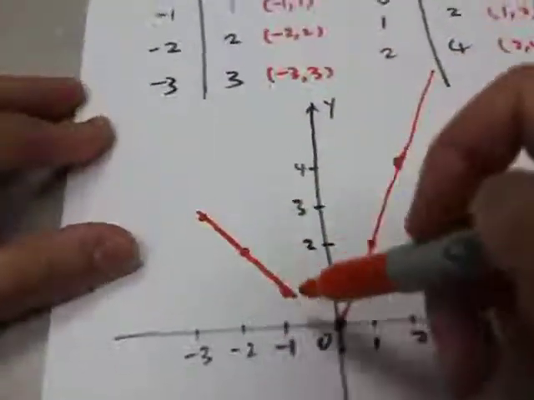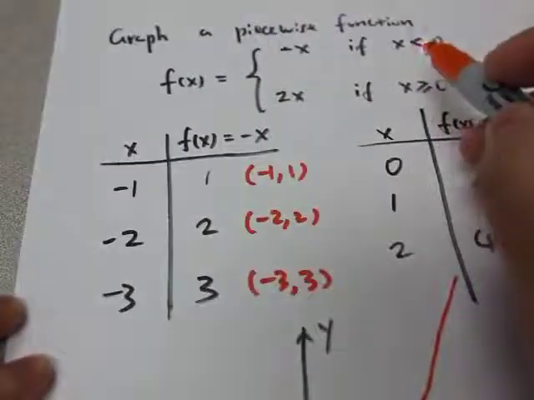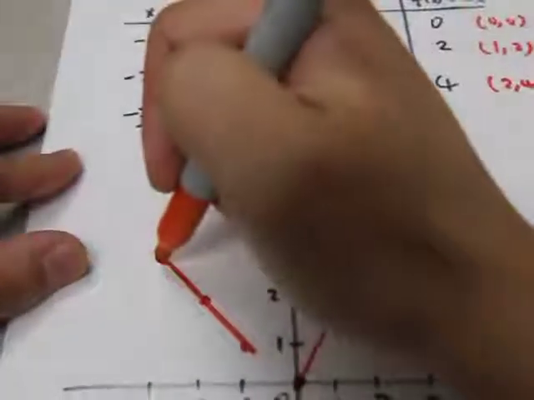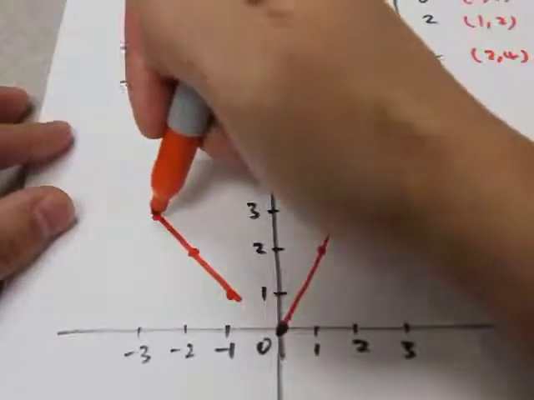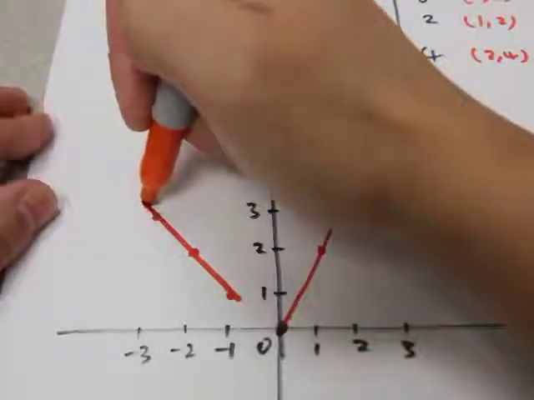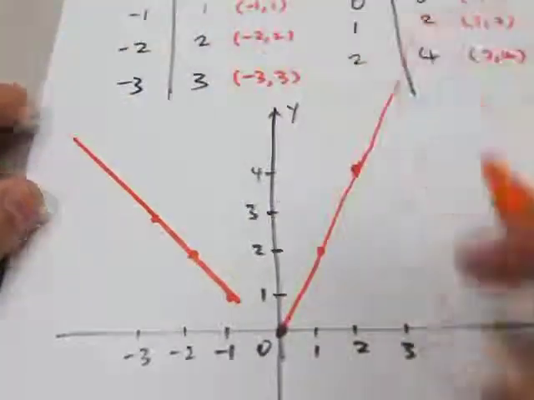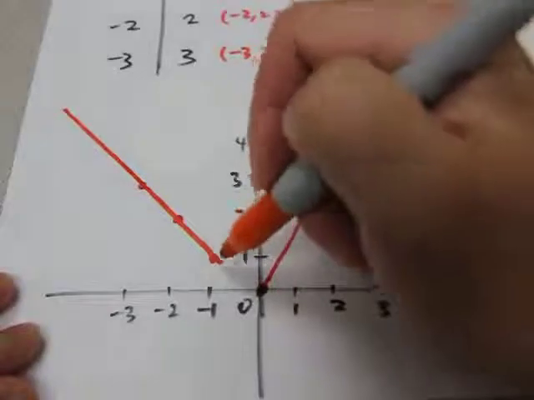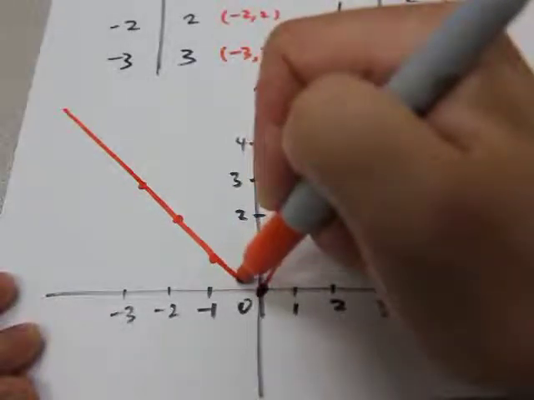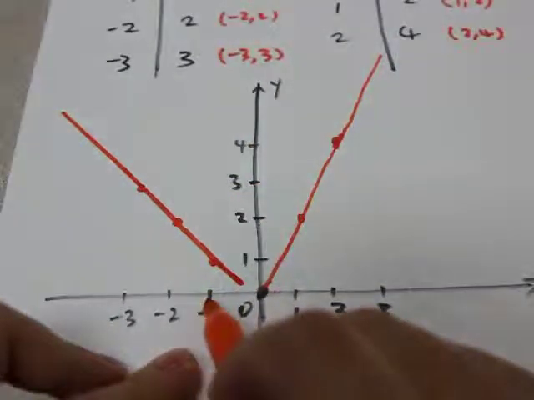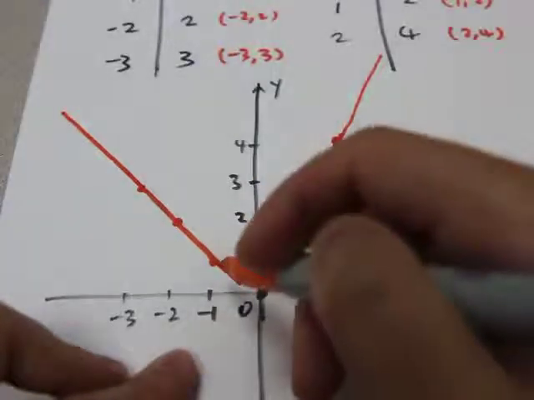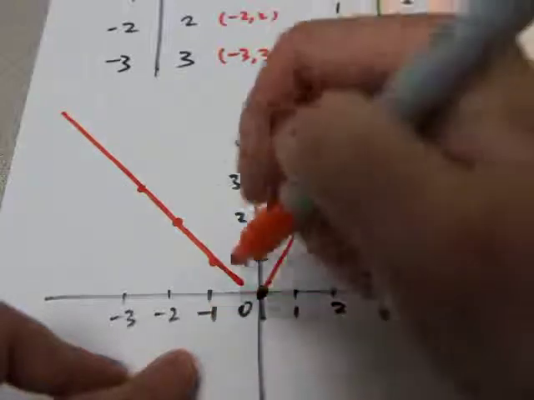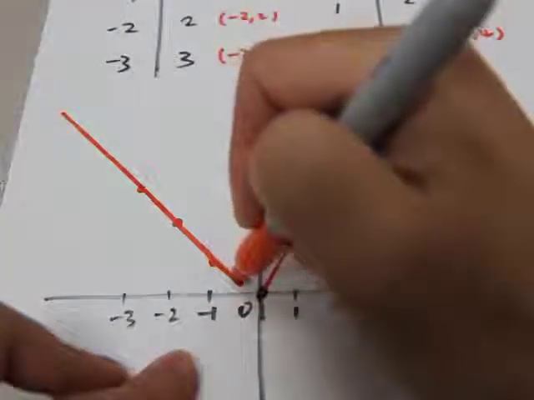Now similarly, for this piece, I know if x is less than 0, I'm able to extend this side, so it will go up. And also I can extend this side a little bit, because so far I'm using negative 1, so if I use some other negative numbers between negative 1 and 0, it will go like this.